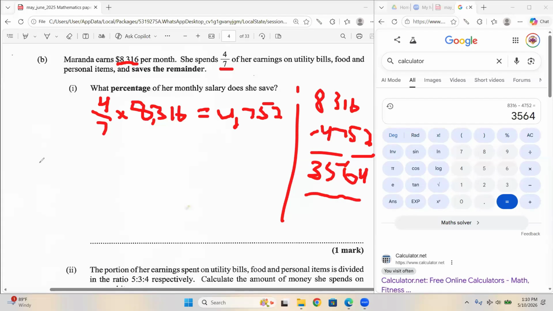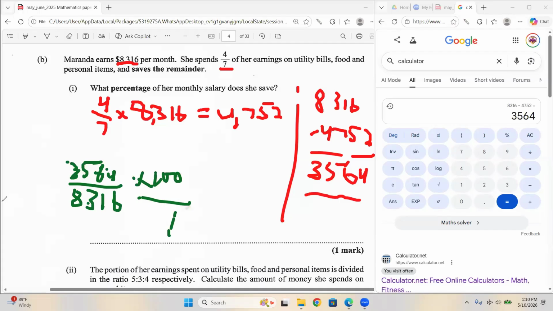So what I'll do, to find the percentage of how much she saves, I'll take 3,564 divided by the total amount of money, which is 8,316, multiplied by 100 for percentage.